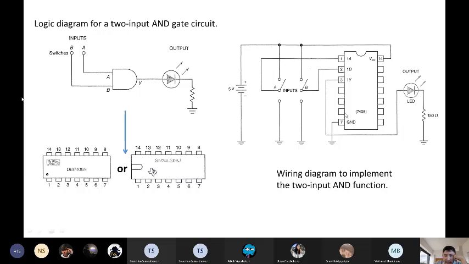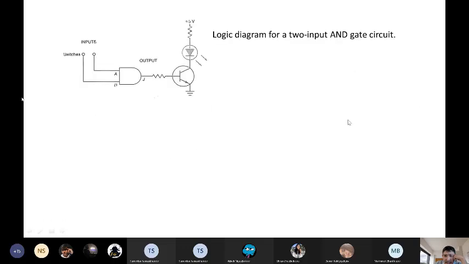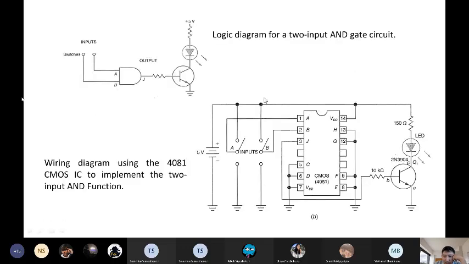They did not indicate it before, but here you can see that all of the unused pins are grounded. It is needed in order to remove static charge, because static charge can damage the integrated circuit. For this reason, the unused pins are just grounded. Okay.